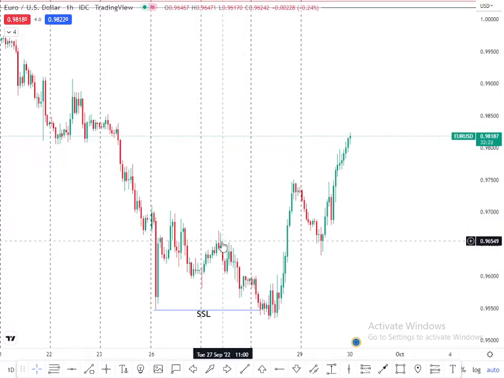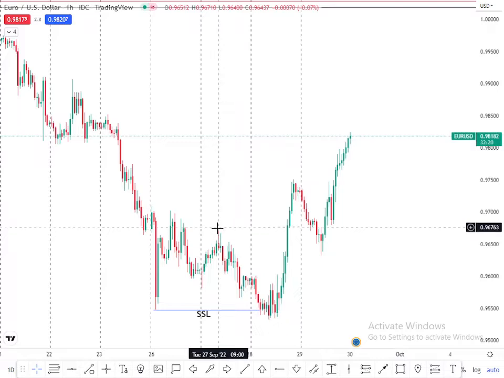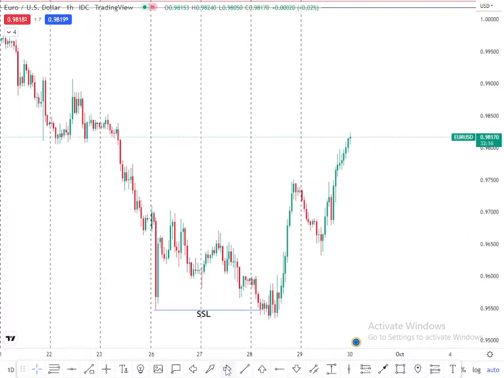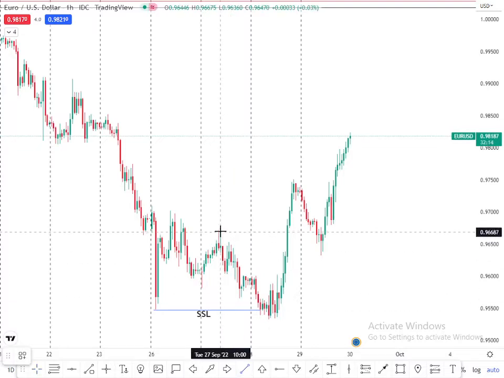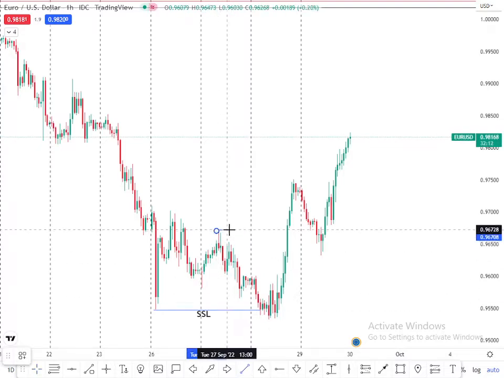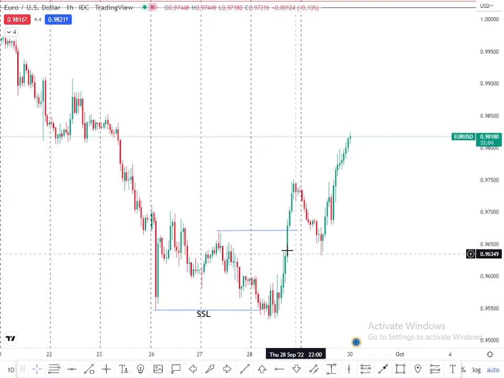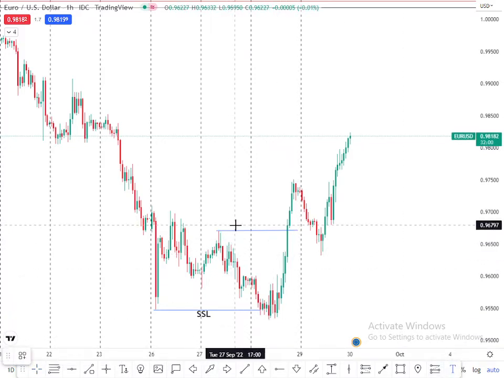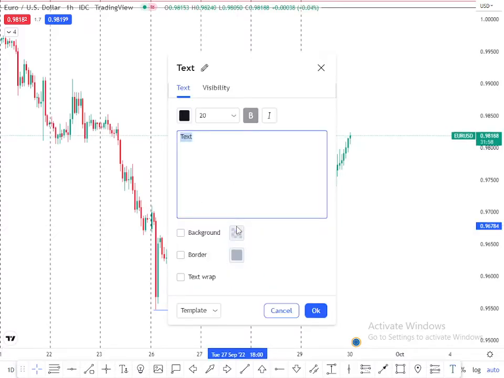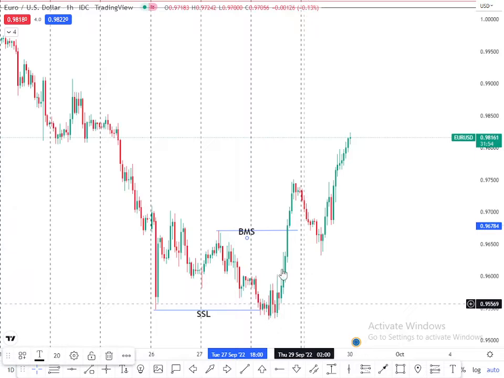So here, I was able to identify this key level at 0.96715 as the break in market structure level target. So what I do is take a trend line and extend it on my right up to that point, so I can classify that as break in market structure.